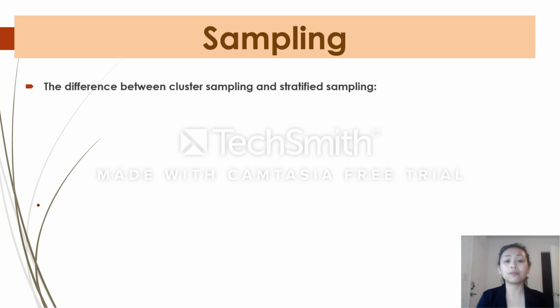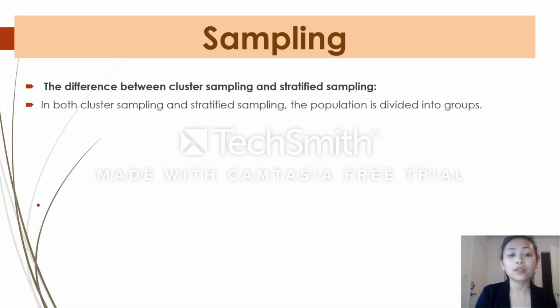Since cluster sampling and stratified sampling are both defined based on methods of dividing groups, many times people tend to be confused between the two types of sampling. So here are the difference and the common things about cluster sampling and stratified sampling.